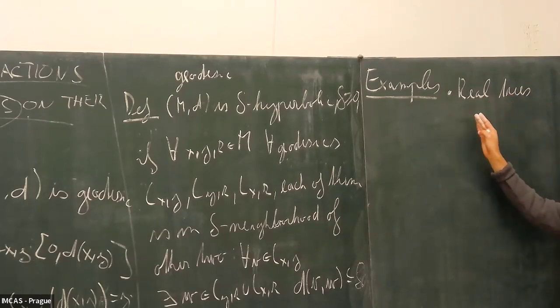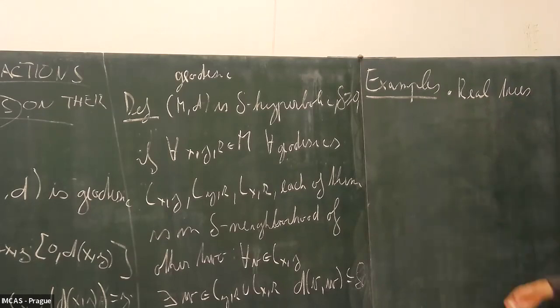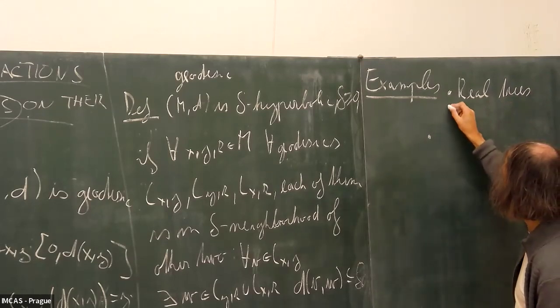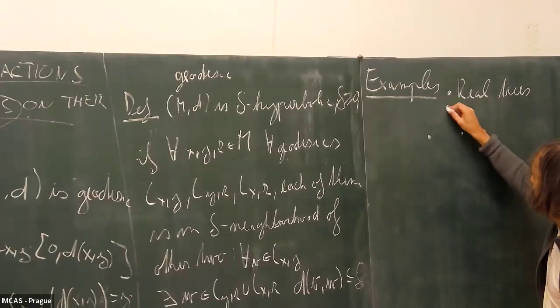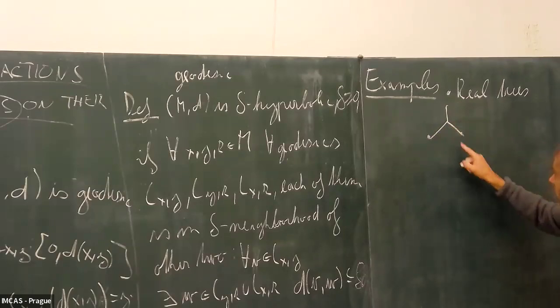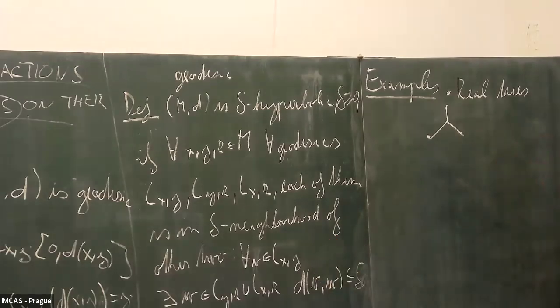An equivalent definition of a real tree is a geodesic metric space which is zero hyperbolic, meaning that whenever you take three different points, the triangle looks like a tripod. So zero hyperbolic spaces are precisely the real trees.